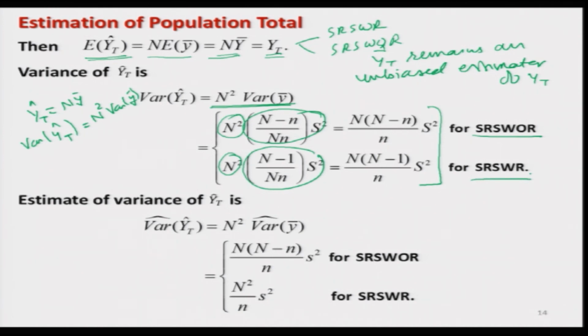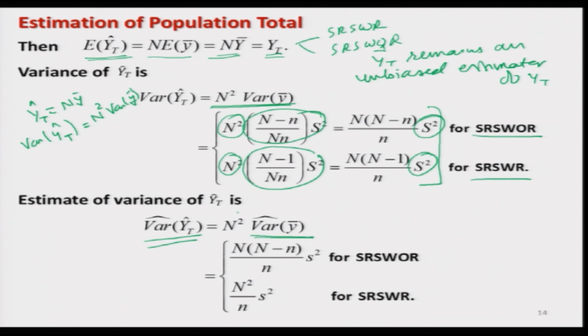That is straightforward. If you want to estimate these variances, you can see we have capital S square, which is unknown in a real data set in practice. So, I can find an unbiased estimator of S square as we have done earlier, and we have already found the estimates of the variance. So, the estimate of the variance of Y_T hat will be the same as the variance of y bar hat under SRSWR and SRSWOR.